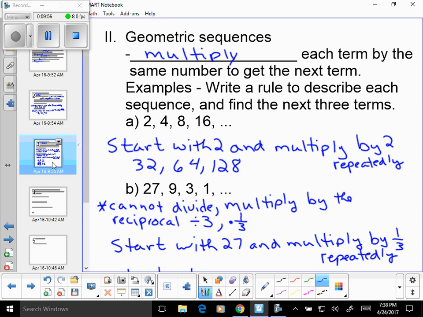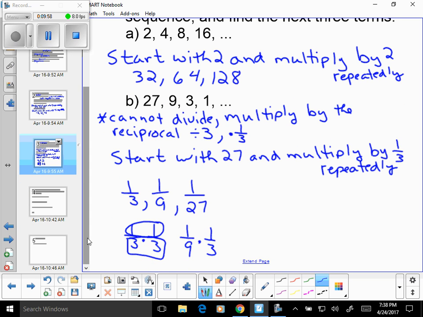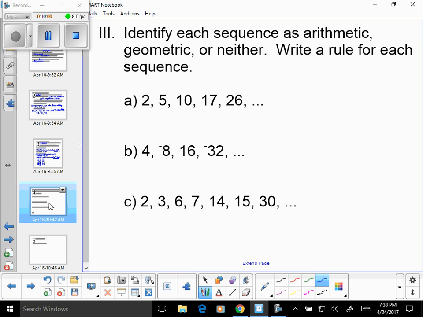Okay, here we go. Now, we really say that we have arithmetic sequences, geometric sequences, or it doesn't follow either one, so we call it a neither. And what we're going to do is just write the rule here.